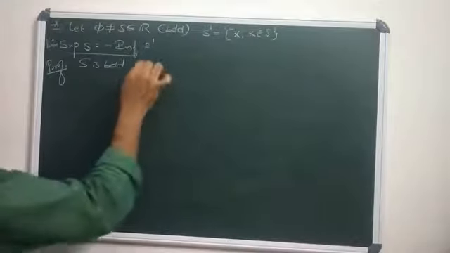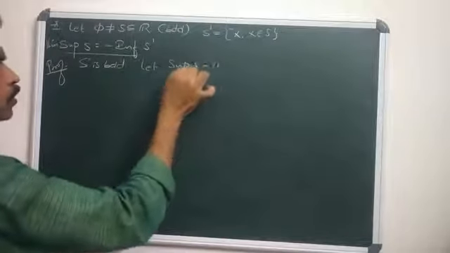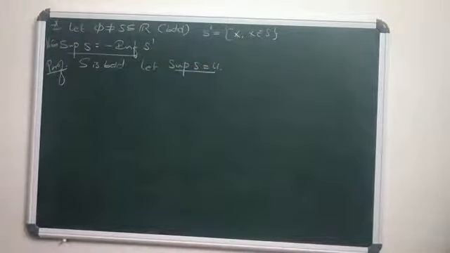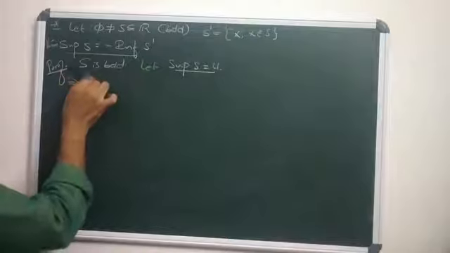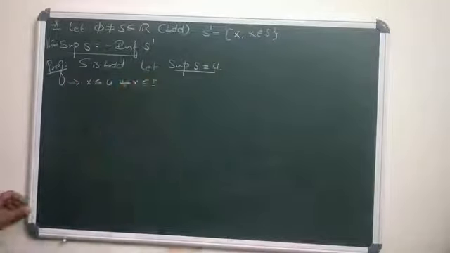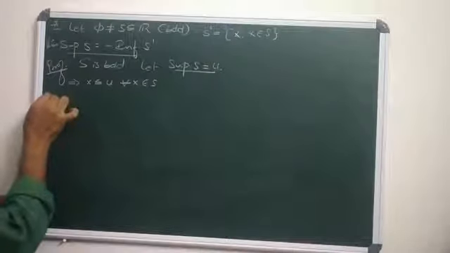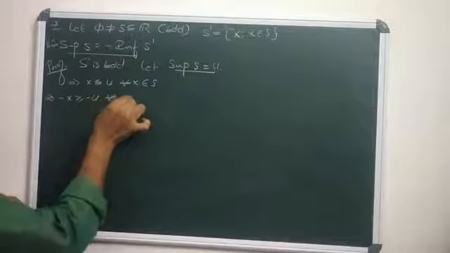So let U equal the supremum of S. That means U is an upper bound of S. U is an upper bound of S means x is less than or equal to U for all x in S. Clear? x less than or equal to U means minus x is greater than or equal to minus U for all x in S.